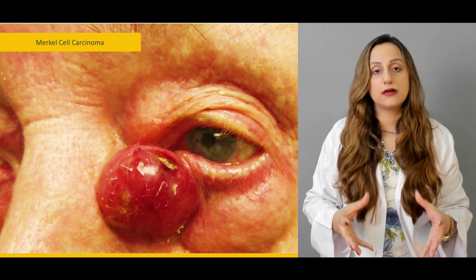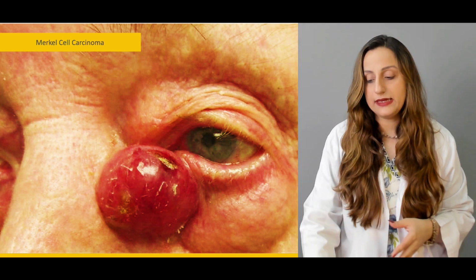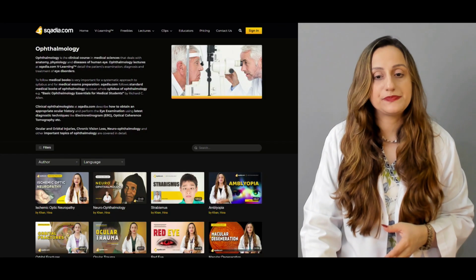So it's another name that is given to these Merkel cell carcinomas. The treatment obviously would encompass the surgical excision of this Merkel cell carcinoma, and you obviously couple it up with the chemotherapies as well as the radiotherapies, and you perform a close follow-up for these patients who have been diagnosed with the Merkel cell carcinomas.